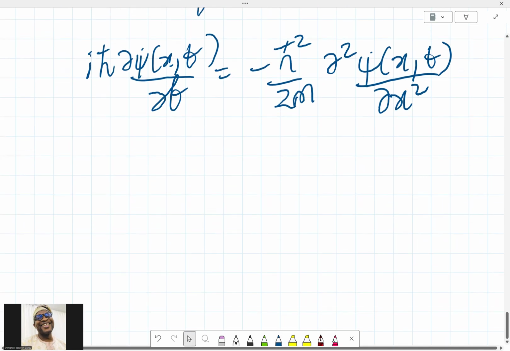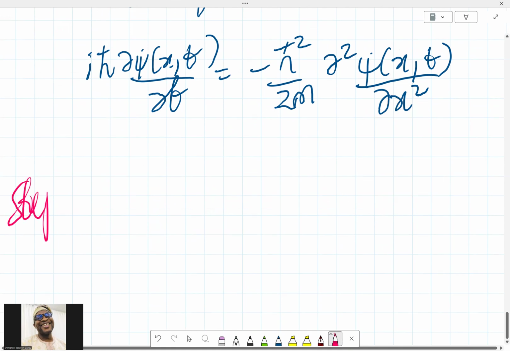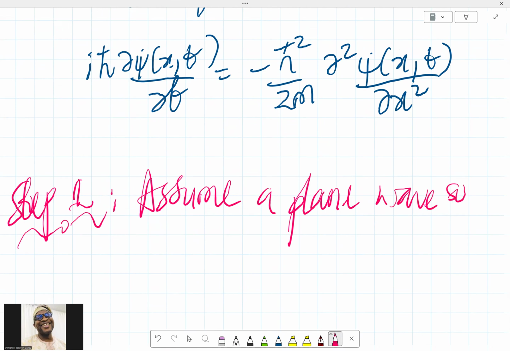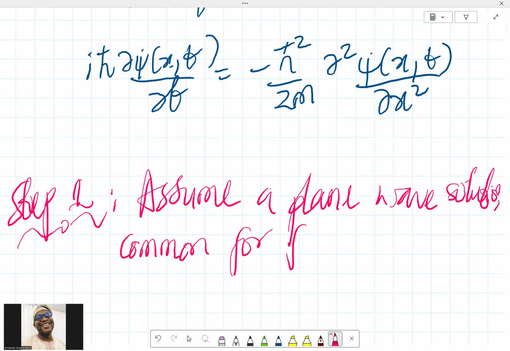So to deal with this, step one, we have to assume a plane wave solution, common for free particles.